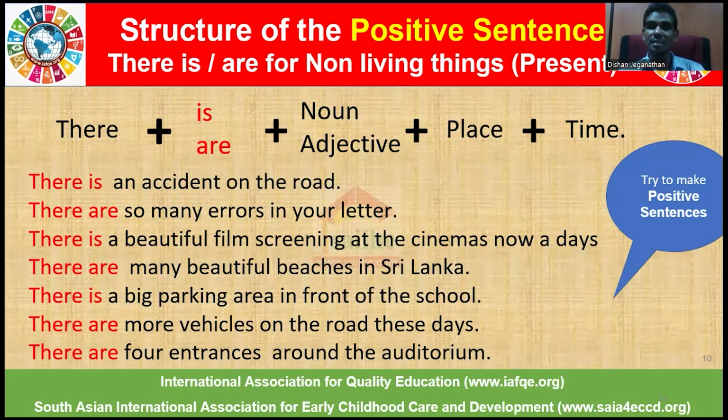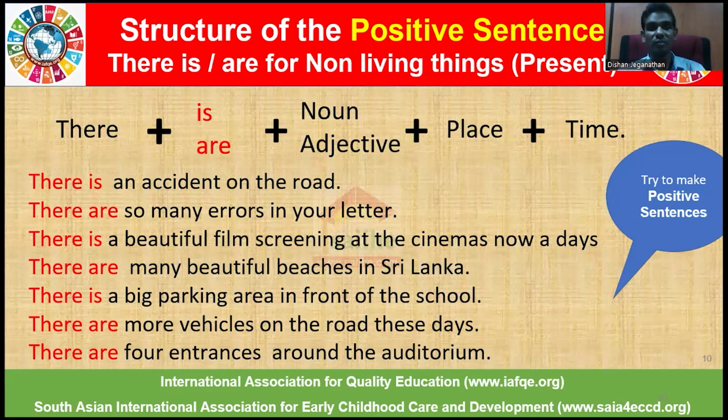An accident is the noun here, and the place is the road. Second example, there are so many errors in your letter. Now, if you look at this example, errors, the noun is a plural. Due to this, we make use of are. So it goes as there are so many errors in your letter.